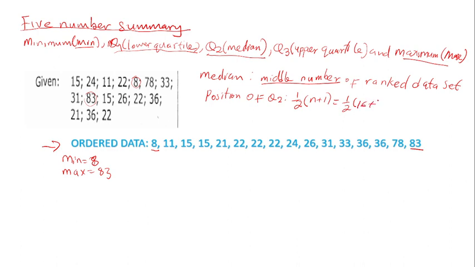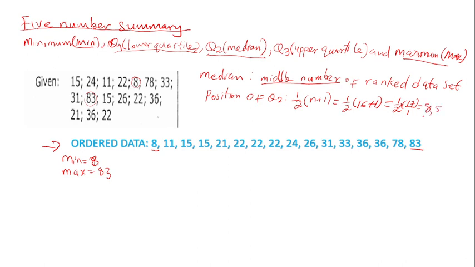So there are 16 numbers plus 1. This is the formula to get the position quickly. Then we have half of 17, so if we use a calculator, 17 divided by 2, we get 8.5.